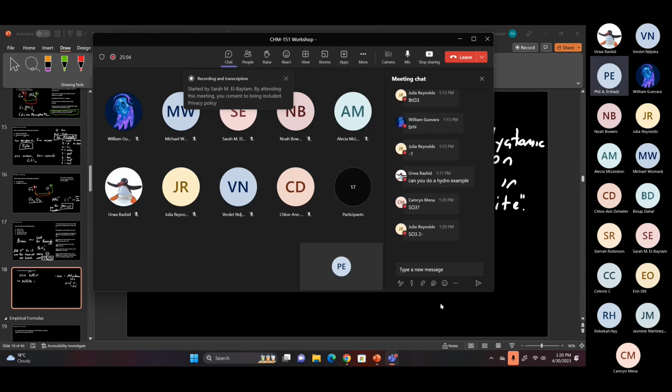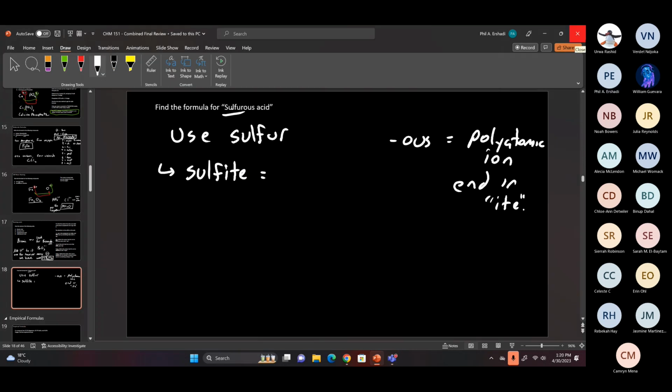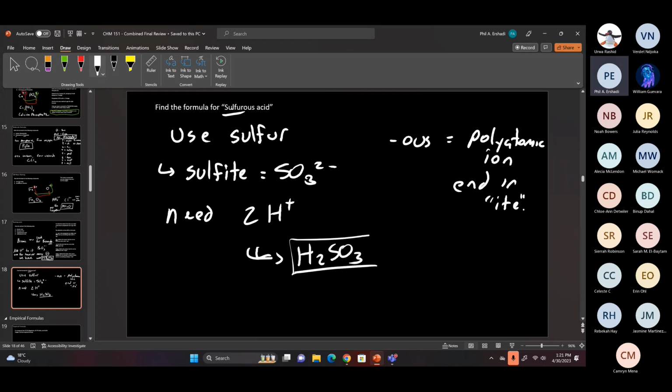SO3, that is the correct formula, and it is 2 negative. Very good. You got it. Sulfite is SO3 2 negative. And as we said, we also need 2 H pluses. So 2 H pluses with SO3 2 negative makes H2SO3. And that's the formula for sulfurous acid.